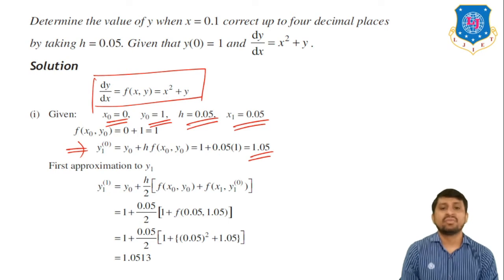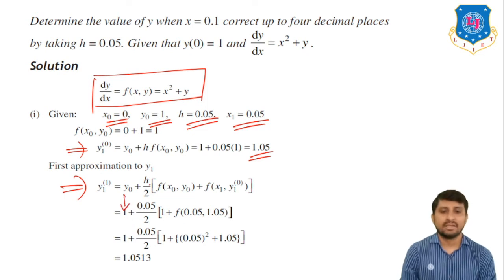Now when you find y1 1, the formula is y0 plus h by 2 times f of x0 y0 plus f of x1 y1 0. y0 is 1, h by 2 is 0.05 by 2. What is your function? f of x y is x square plus y.